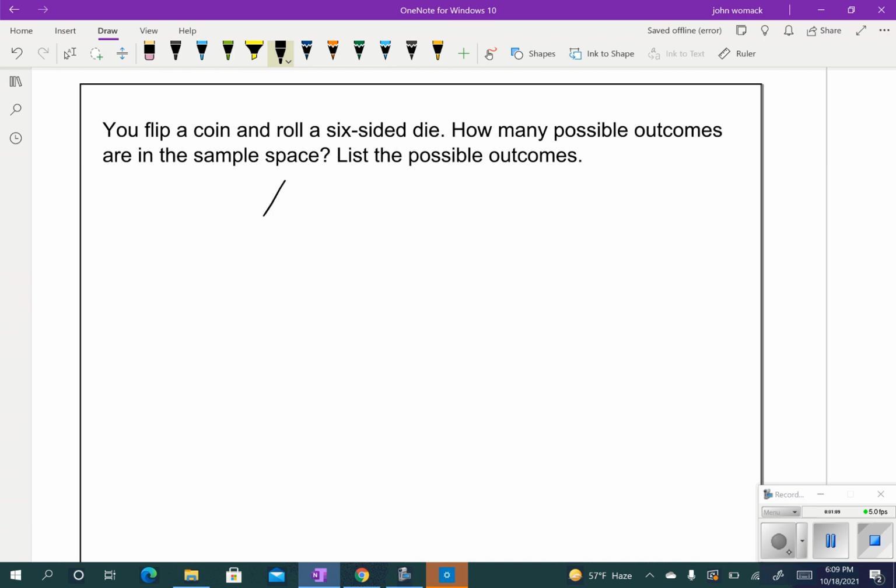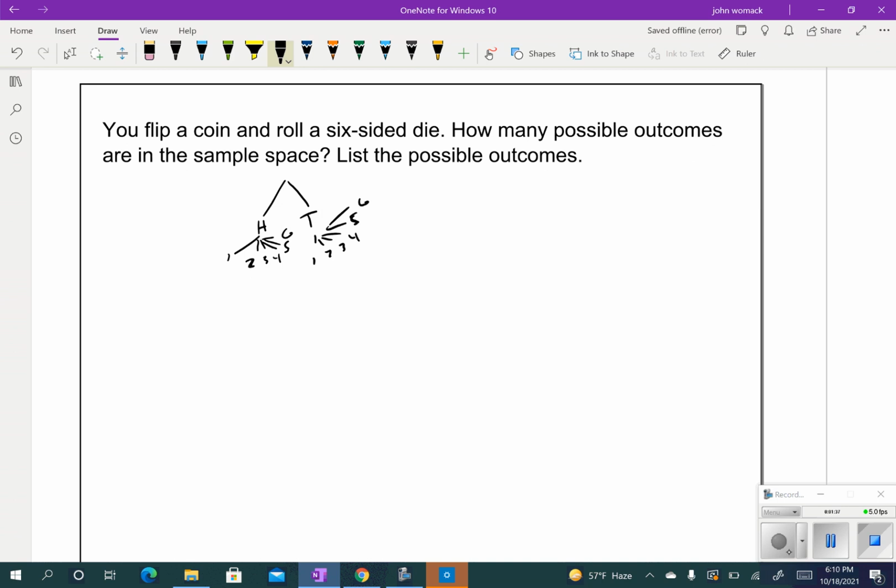If I flip the coin, I could get a heads or I could get a tails. Now I could get a heads with the coin and then I roll a six-sided die. When I roll the die, I could get a 1, 2, 3, 4, 5, or 6. Or I could get a tails and get a 1, 2, 3, 4, 5, or 6.